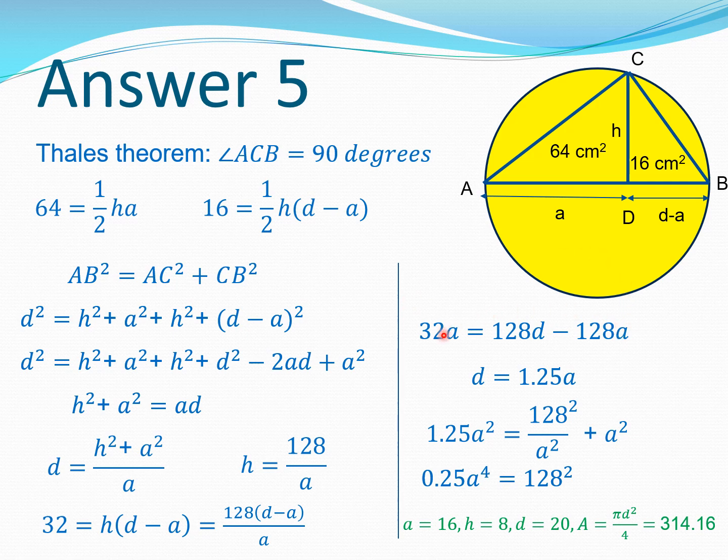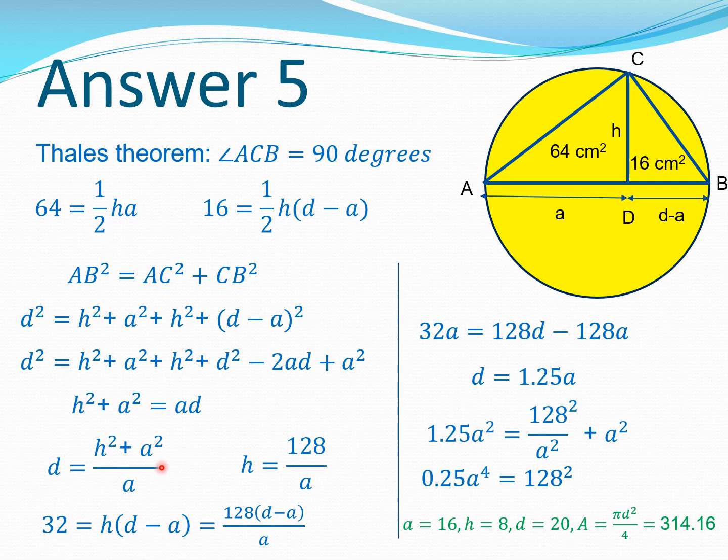I can take A to the left hand side, and after doing some simplification I can get D is 1.25A. You can verify this on your calculator. Now I've got at least one equation which gives me a lot of clarity: the diameter is 1.25 of A.